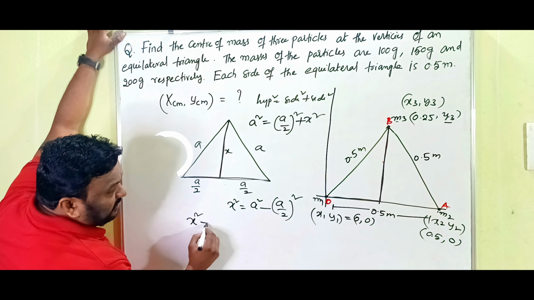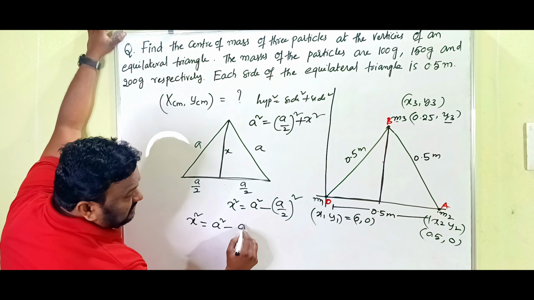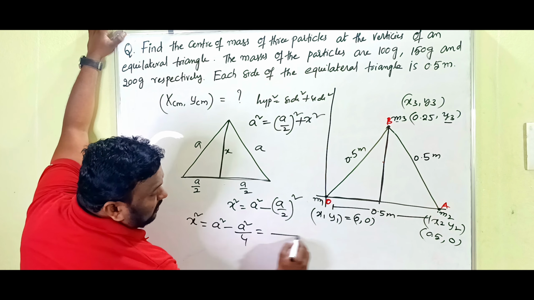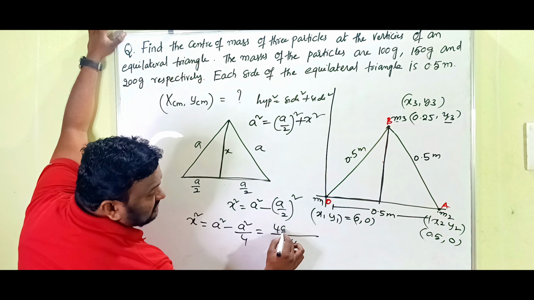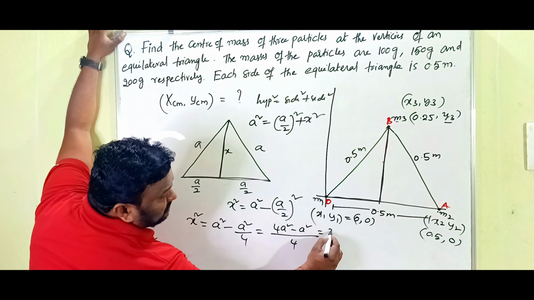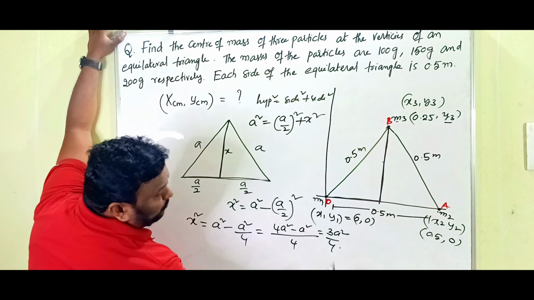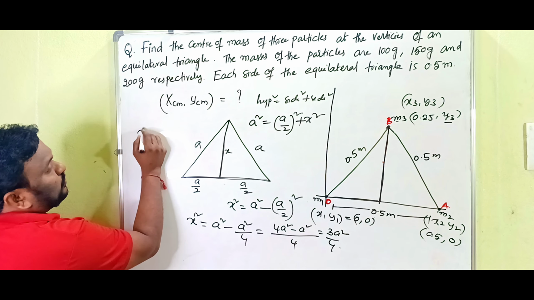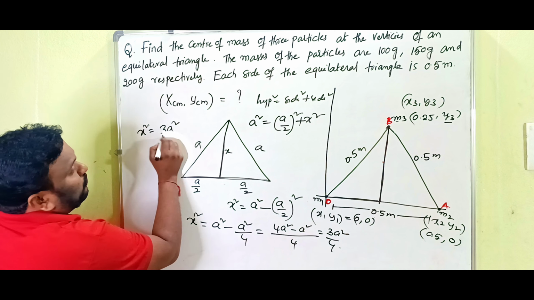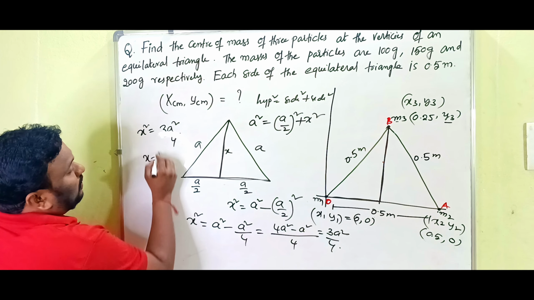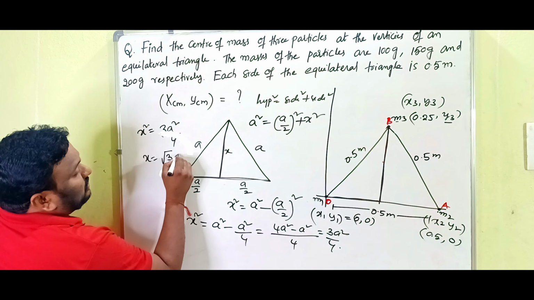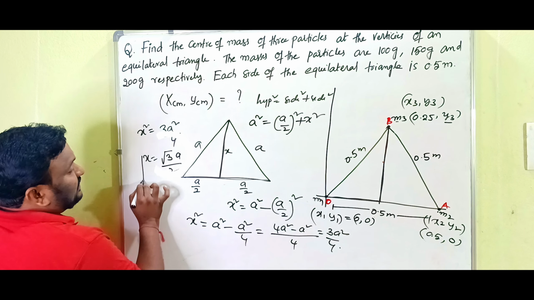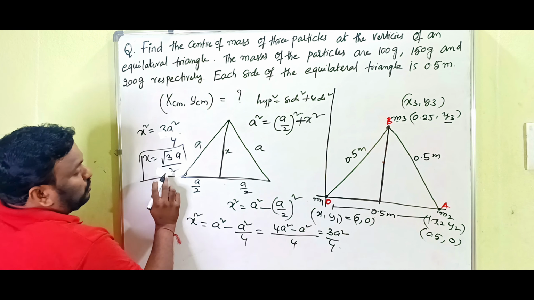That means x square is equal to A square minus A square by 4. If we take the LCM, we get 4A square minus A square, which is 3A square by 4. So x square is equal to 3A square by 4. Then we apply the root, and we get root 3 into A by 2. So the x value is root 3 by 2 into A.